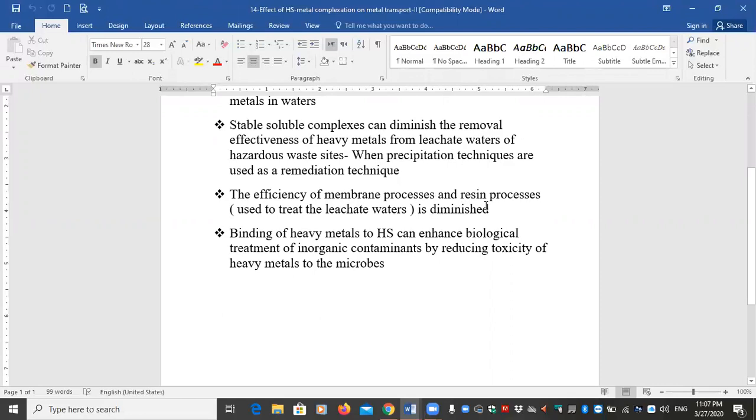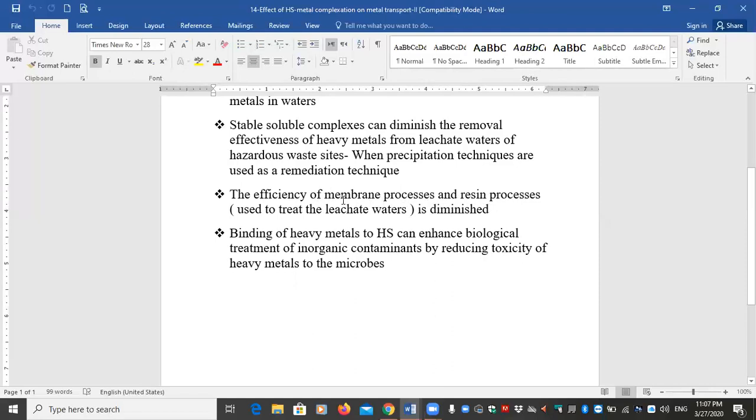Again, remember what we said, membranes have pores, the little tiny holes. If we are going to separate heavy metals, or anything we don't want in a leachate, by using membrane, that means we are going to separate them based on size.